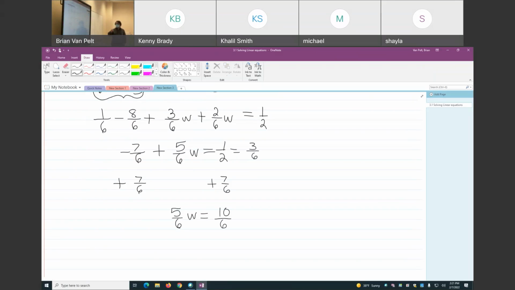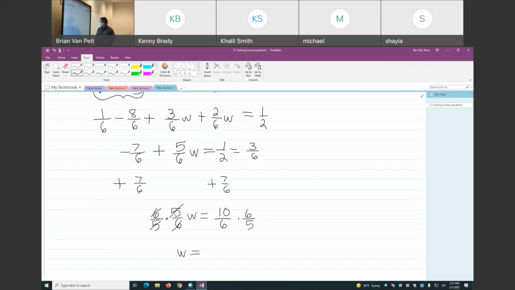What would you do to finish this problem out? Reciprocal. 5/6. So multiply both sides by 6/5. And on the left, all that's left after all is said and done is the letter W.